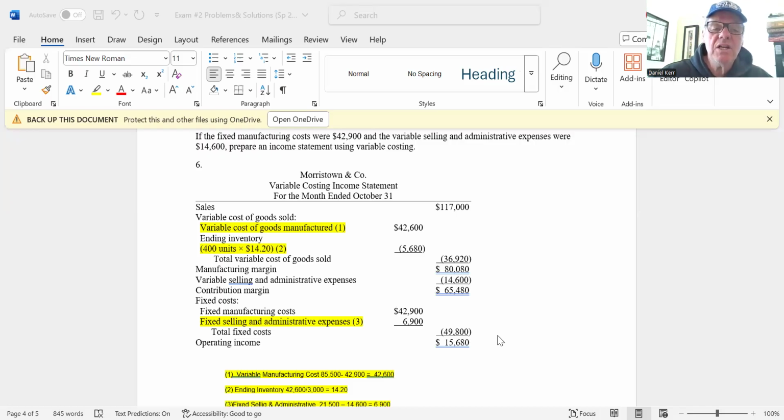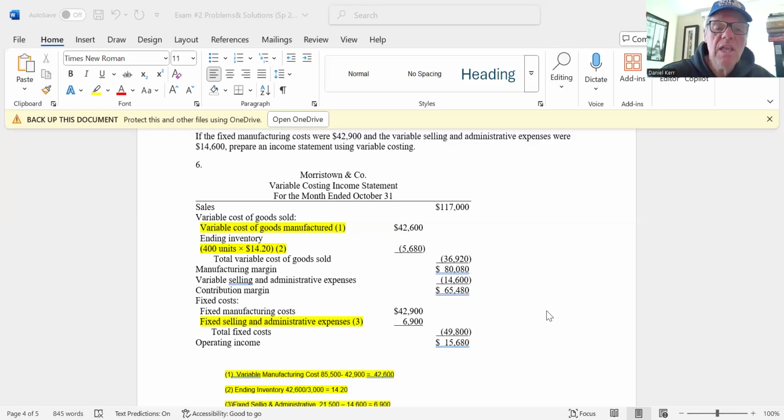And then as far as where the actual numbers come from, to get the variable cost of goods manufactured, it was the absorption cost of 85,500 minus the fixed costs which were included in the manufacturing cost. So that's where I got the 42,600. So the variable cost of goods manufactured, only including the variable cost, is 42,600. Then I had to figure out what the ending inventory was of the variable costs.